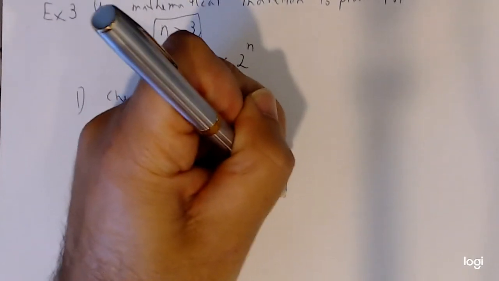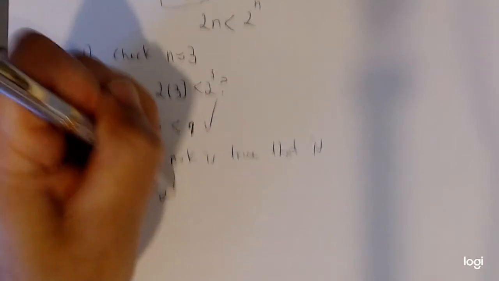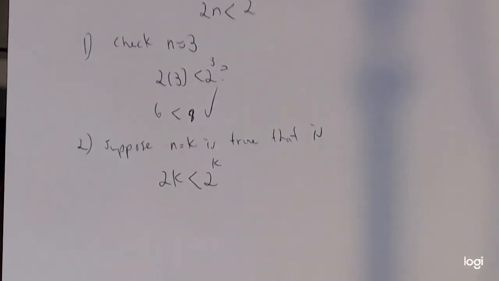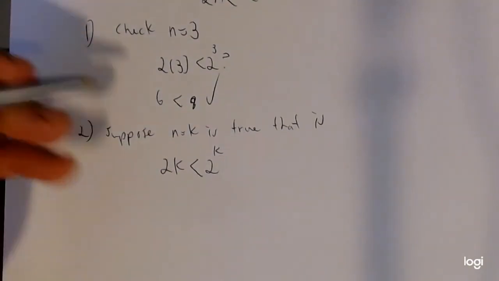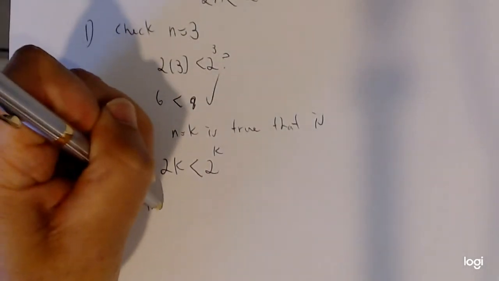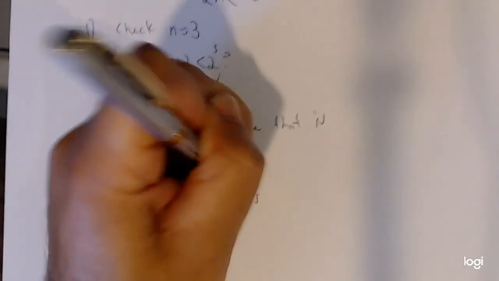That is, what is it that we know? 2 times k is less than 2 to the k. So we're making that assumption. Anytime we see 2k, we can say that's automatically less than 2 to the power of k. Now we want to show that n equals k plus 1 is true.